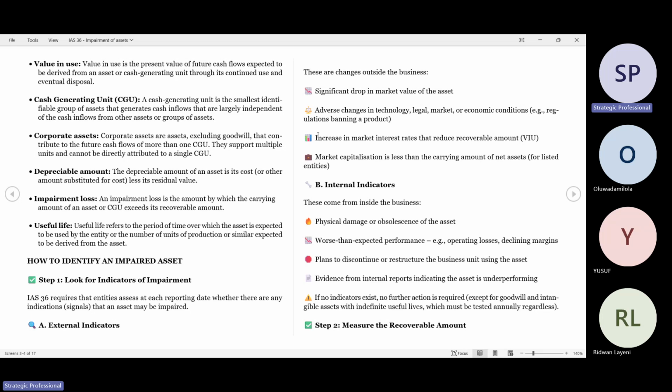What do I mean by that? Value in use, like I mentioned, has three components: future cash inflow, future cash outflow, and disposal value. Normally, when you come across value in use in the exam, the examiner will give you the amount you will make on that asset in future.